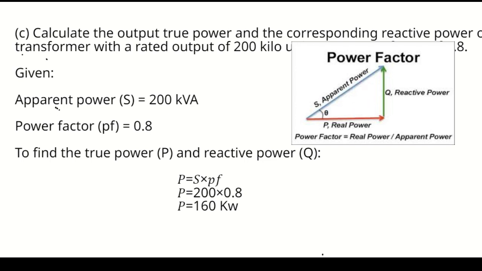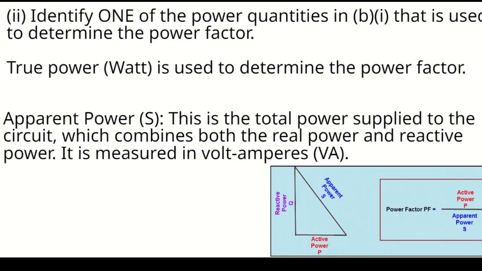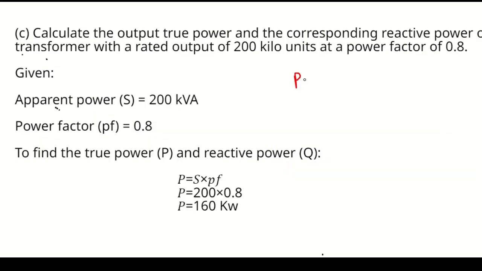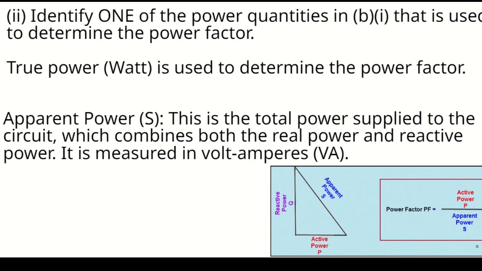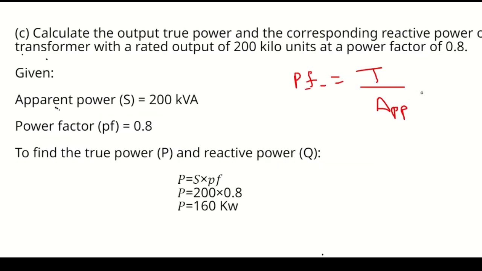So it has the apparent power, the true power, and the reactive power. One of the things you would also want to remember is that power factor is the true power over apparent power. Power factor is equal to true power over apparent power, or if you wanted to write it, P over S, where P is the true power and S is the apparent power.